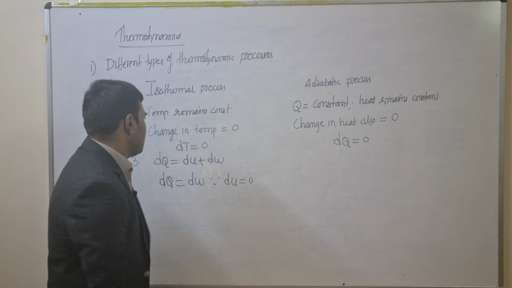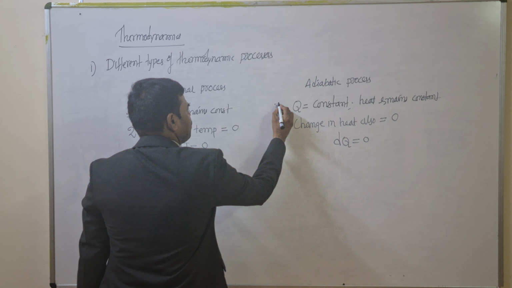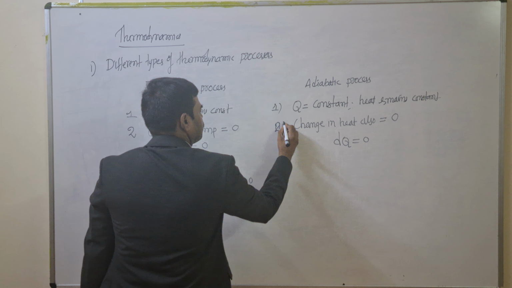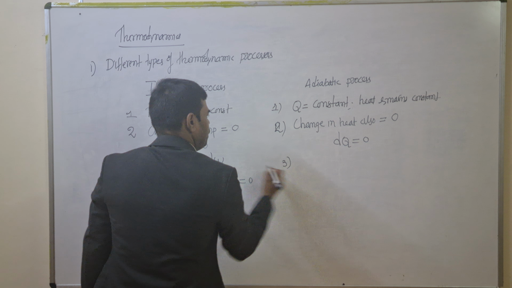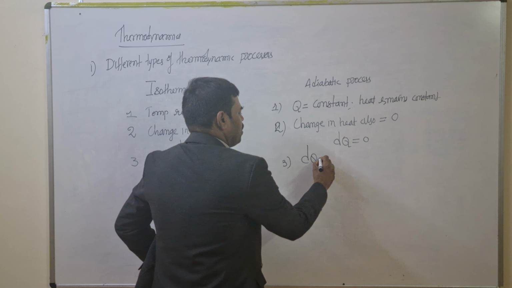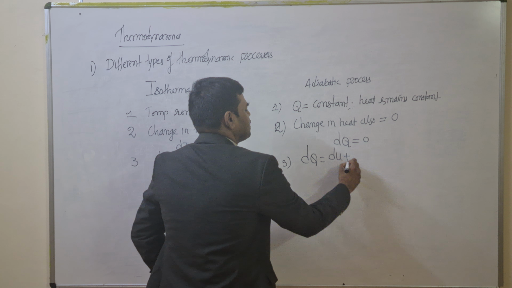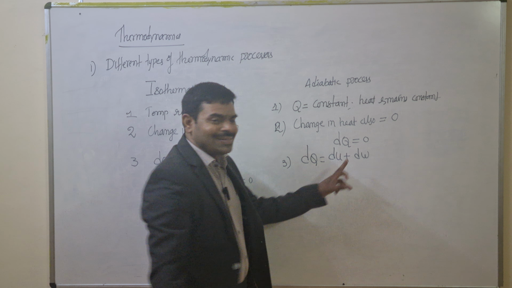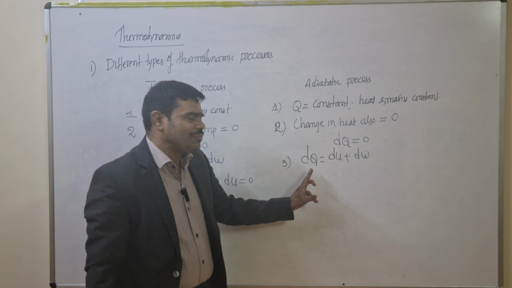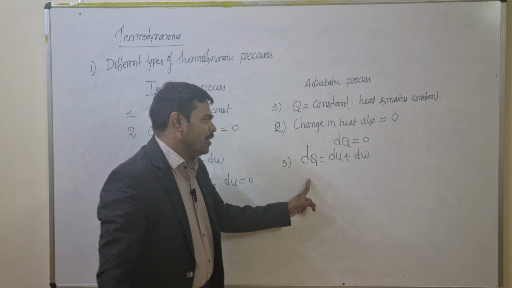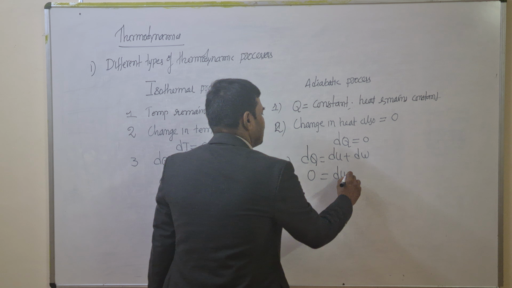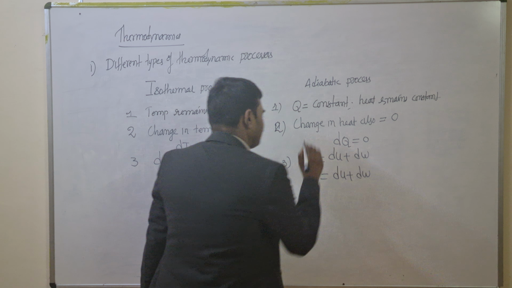And if you apply the same thing in the adiabatic process, dq is again equal to dU plus dW. Here the LHS of the first law of thermodynamics will become 0, that is 0 equal to dU plus dW.